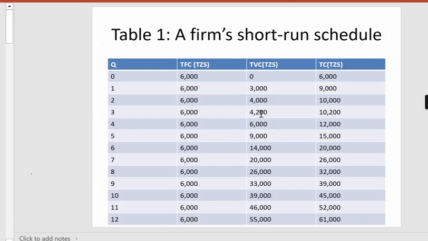Total cost, this total cost is the summation of fixed cost plus what? Total variable cost. Kwa hiyo total cost hapa is the sum of what? You sum up the value of the fixed cost. Initially, we don't have variable cost. Manake ni kwamba we have just invested but we are not yet starting to produce.